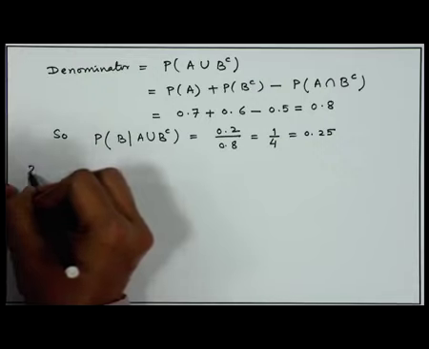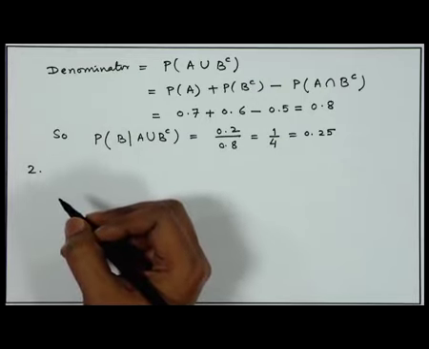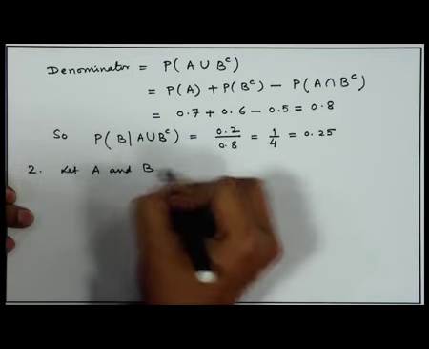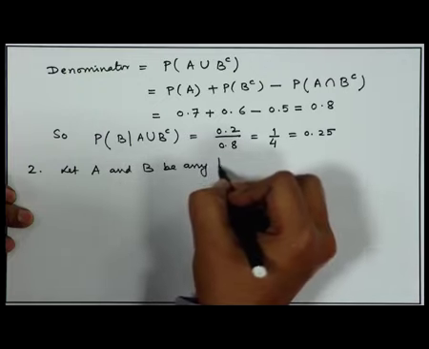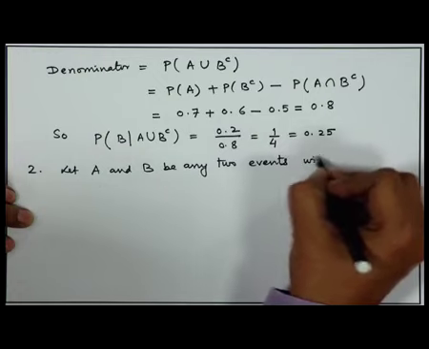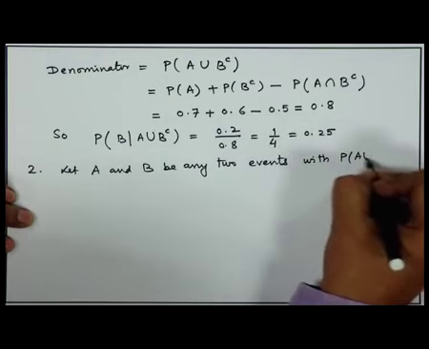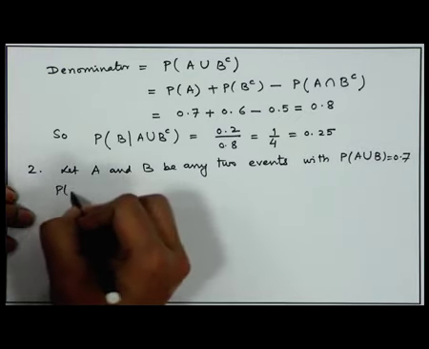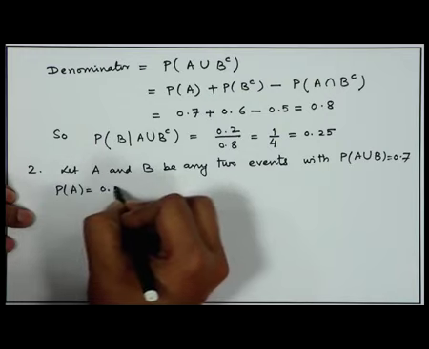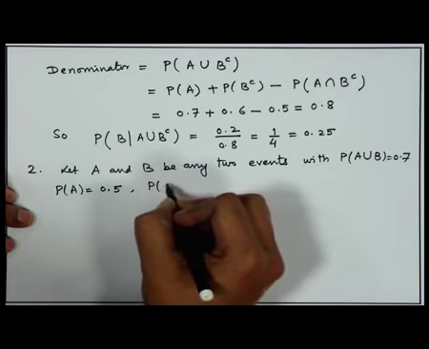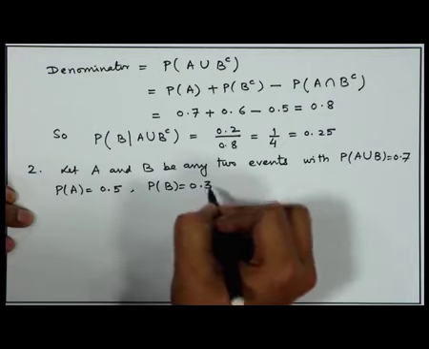Let us take a similar problem again. Let A and B be any two events with probability of A union B equal to 0.7, probability of A equal to 0.5, and probability of B equal to say 0.3.